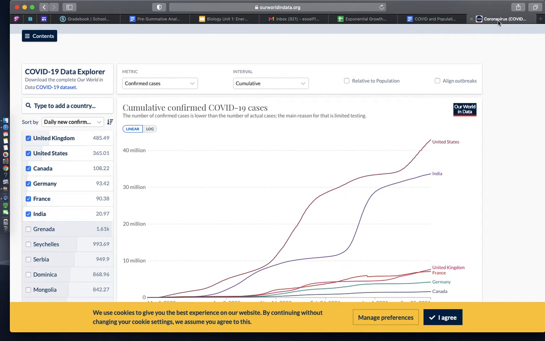Now, the first thing you're going to do is calculate r for 3 countries that are experiencing COVID growth. I did September 10th to 11th, 40.96 million to 41.02 million people for the United States.